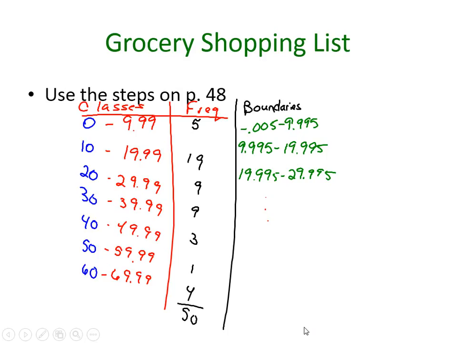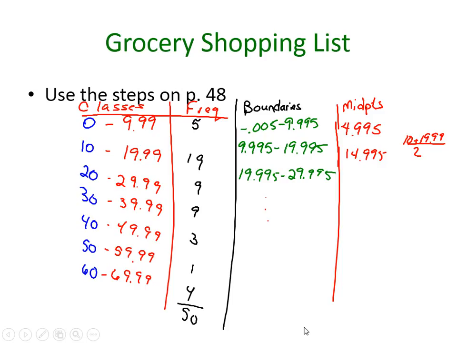For that first class, you add the lower and upper and divide by 2: 0 plus 9.99, divided by 2, gives 4.995. For the second one, you take 10 plus 19.99 and divide by 2 to get 14.995. Then we'd have 24.995, and we could keep going with those class midpoints. Questions there?